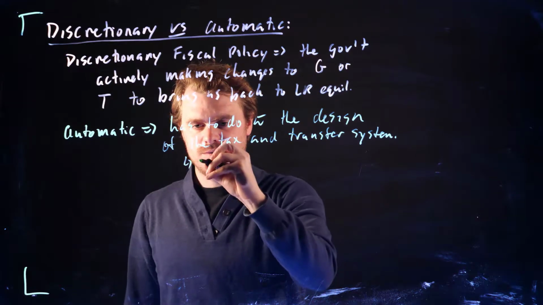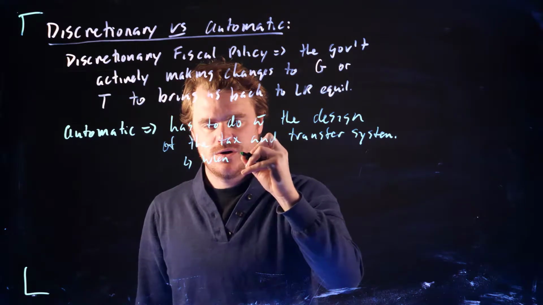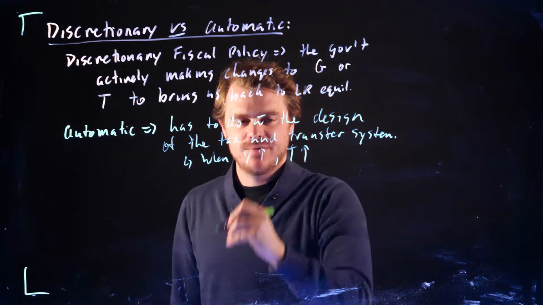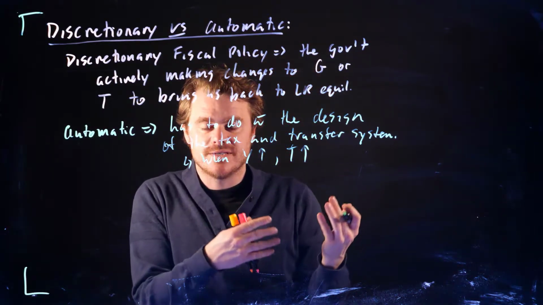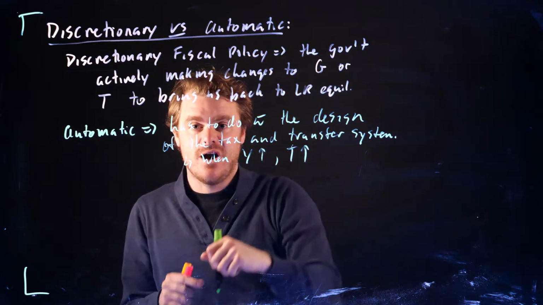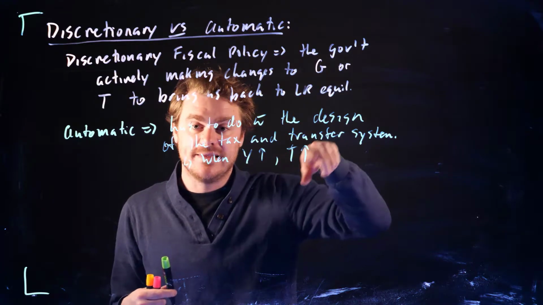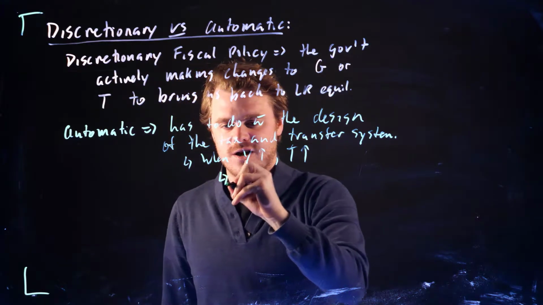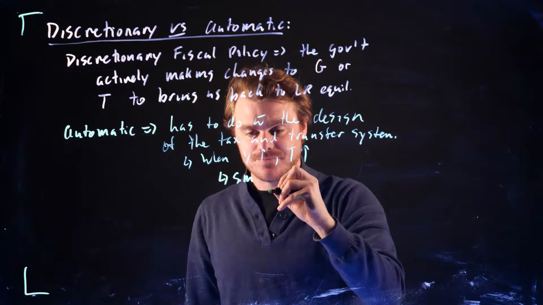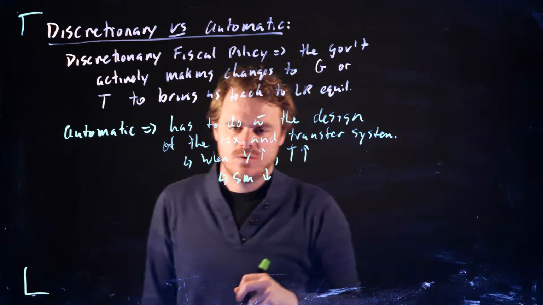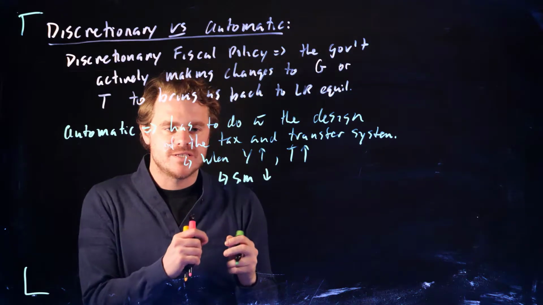So for example, when Y increases, our tax revenue goes up, or maybe our spending goes down, or if Y goes down, the government automatically starts spending more money or brings in less in taxes. This is going to cause the simple multiplier to go down, or cause that change in Y to be smaller, right?